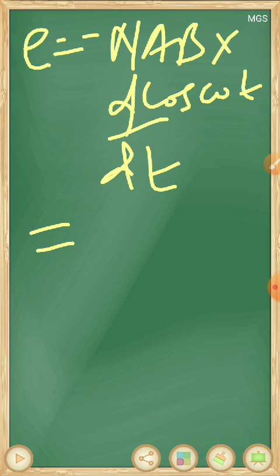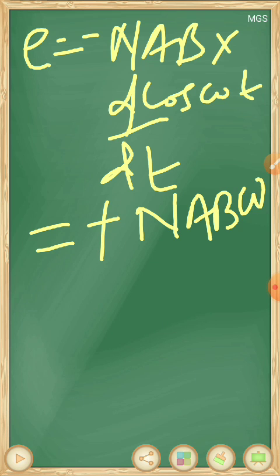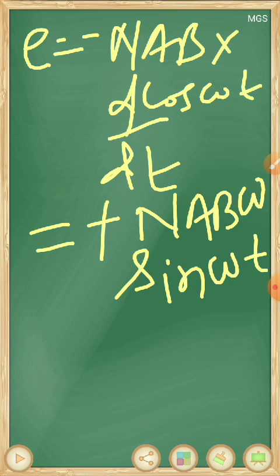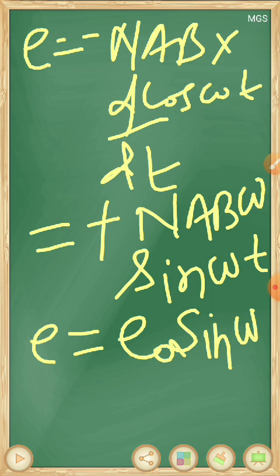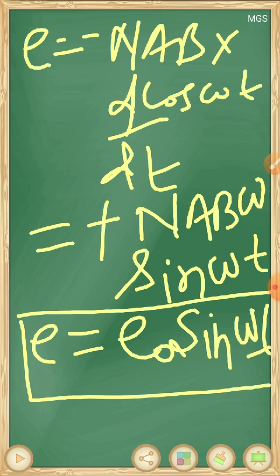So minus and minus becomes plus. So here it will be N A B omega into sin omega t. So E is equal to E naught sin omega t, where E naught is the maximum value of EMF or peak value of EMF. So this is the expression of the instantaneous value of EMF that is produced in the coil of the AC generator.